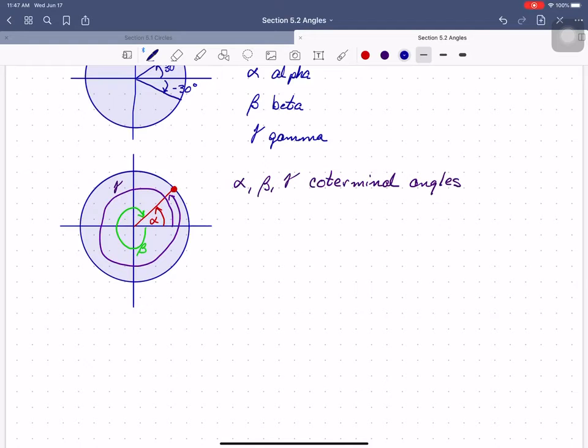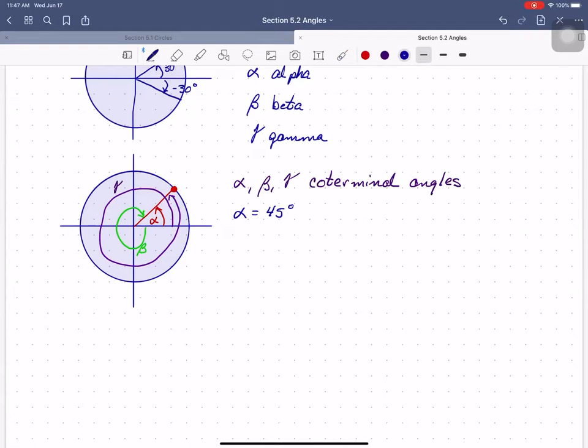So let's just say for grins and giggles that this is a 45-degree angle. Okay? How would I figure out what beta is? Well, if we think about what I did, I went not quite all the way around. So we could think about going all the way around and then backing up.